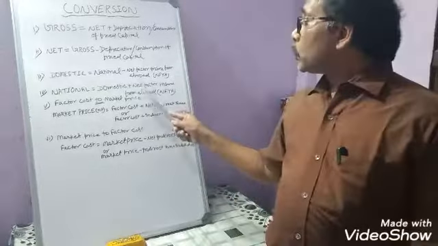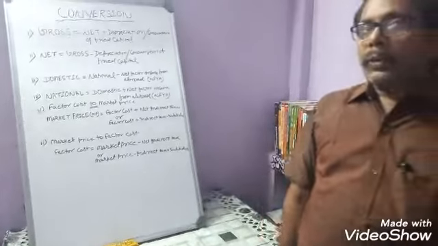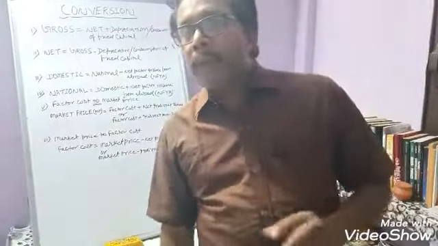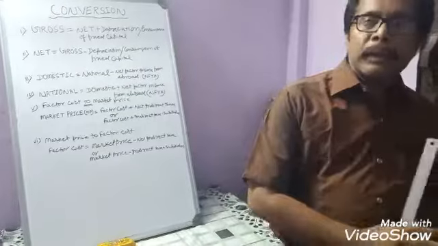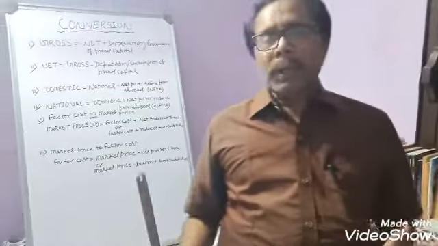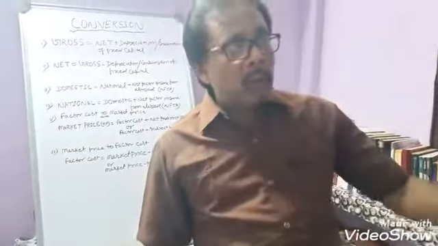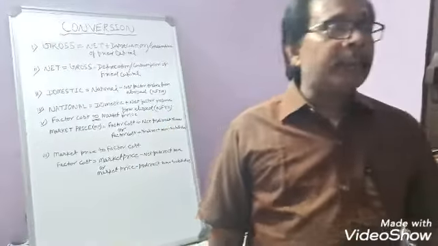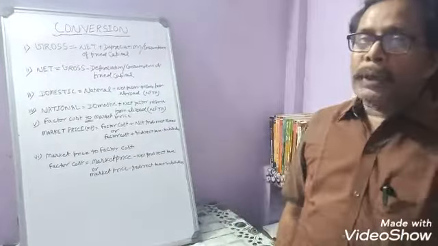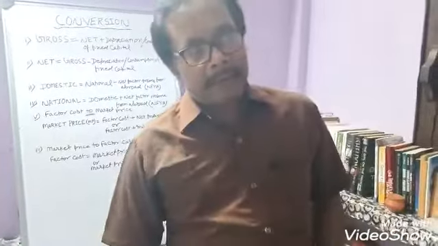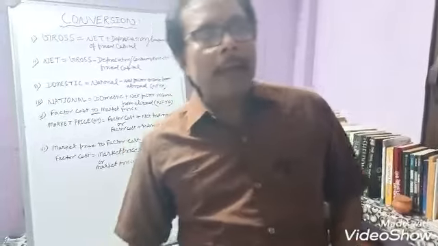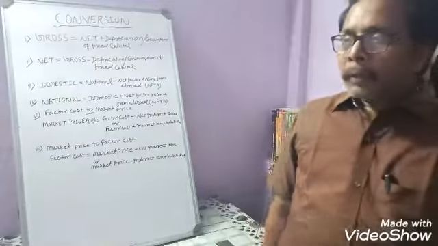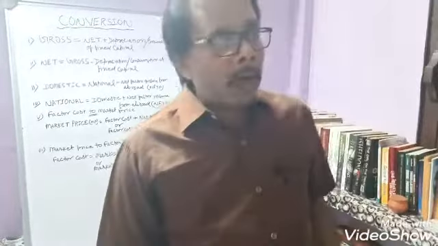Here, the most important term is factor income. Factor income and transfer income are two terms. Transfer incomes are those incomes which can be generated without doing economic activities. For example, I got 100 rupees from my parents as pocket money.